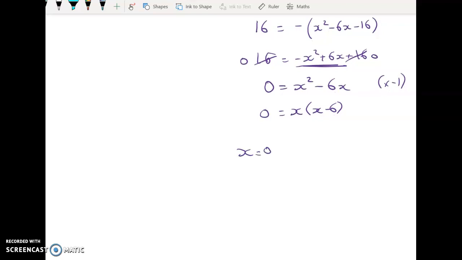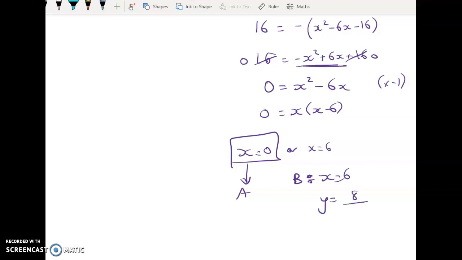So x is equal to 0, or x is equal to 6, which makes total sense when you look at the graph. We've already found that this is point A, and so at point B, we've got x is equal to 6, and y we can put into either curve. So y is equal to 8 over 6 plus 2, which is equal to 1. So the coordinates of B will be 6, 1.